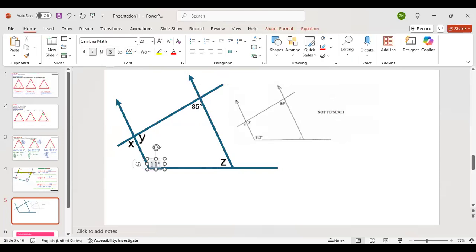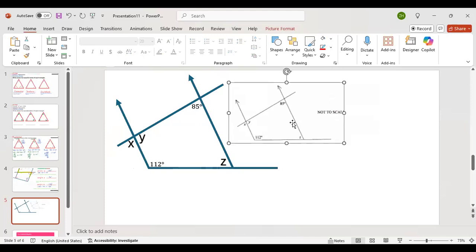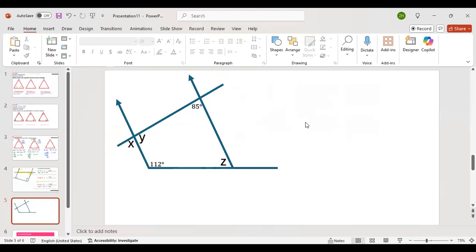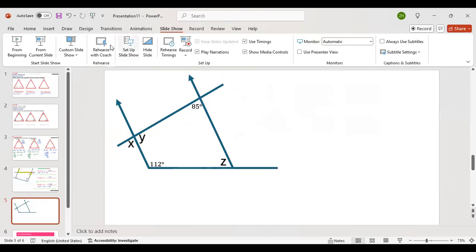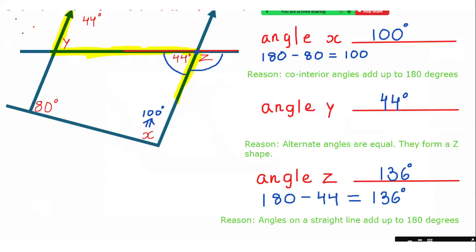So Janelle, how are you feeling with these questions so far? I feel good, but on the last question, I got a little bit confused because the 44 and the Z look like they're on two different lines. Oh, yeah, it's on the same line. Just gotta remember, add a common point on the same line.